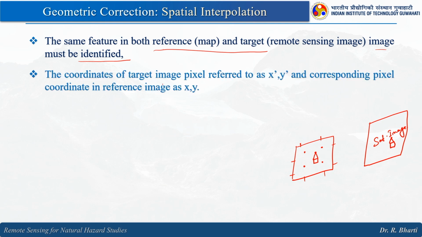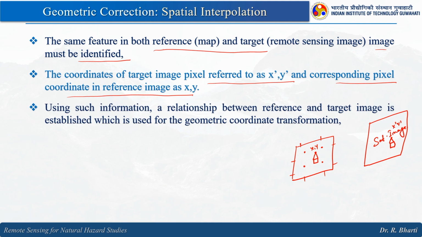The coordinates of the target image pixel are referred to as x dash y dash, and the corresponding pixel coordinate in the reference image is xy. So this is xy and this is x dash y dash. Using such information, a relationship between the reference and the target image is established, which is used for the geometric coordinate transformation. Now, suppose this is the first ground control point that we are taking from the toposheet.